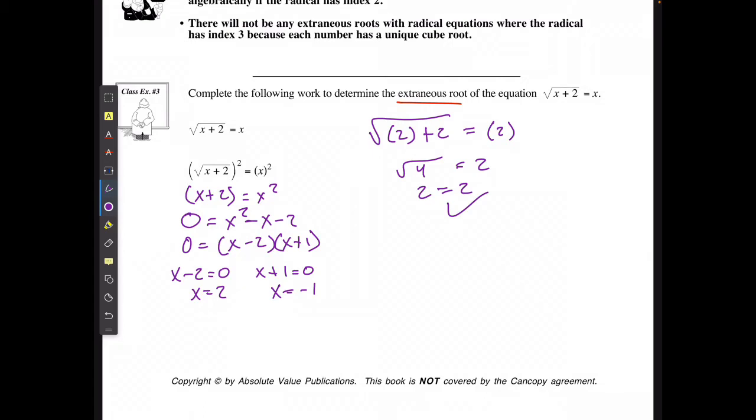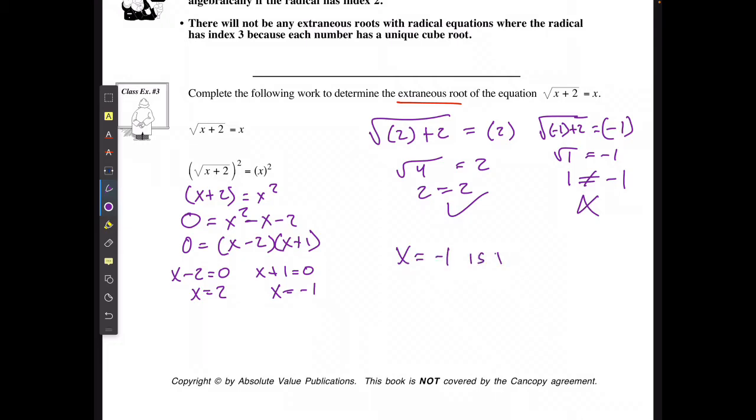In the second case, I get the square root of negative 1 plus 2 is equal to negative 1. Well, this is going to be the square root of 1 is equal to negative 1. 1 does not equal negative 1, which means that this is not true. x equal to negative 1 is the extraneous root.